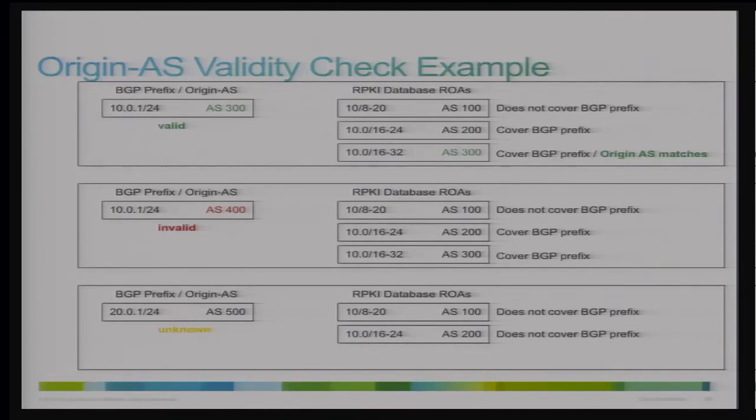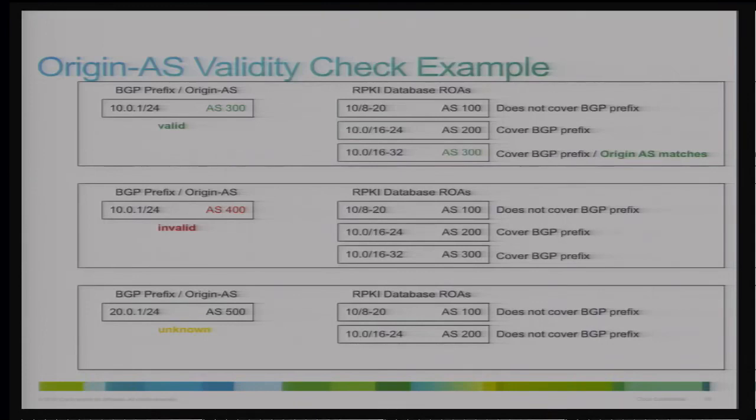Once you have that classification, it's up to your own decision what to do with it. You can decide to drop that entry. You can decide that you will not drop it, you'll accept it, but you'll give it less preference than other entries. So you can say the preference will be: I'll prefer valid, then unknown, then invalid.